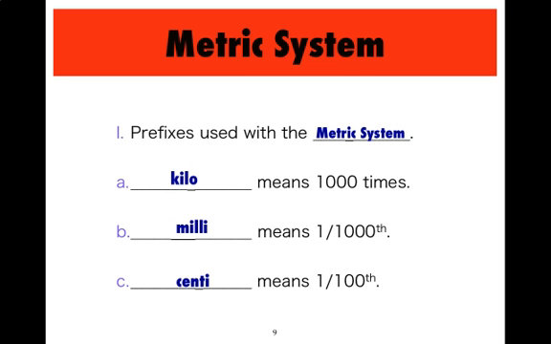So let's look at meters. Okay, so 1,000 times a meter, so that would be 1,000 of those meter sticks put end to end, would be a kilometer. If we took that same meter stick and divided it into 1,000 tiny little pieces, that would be a millimeter.